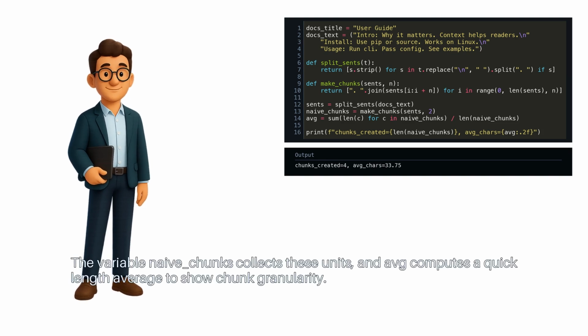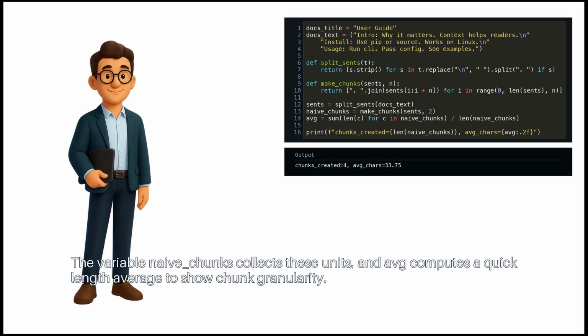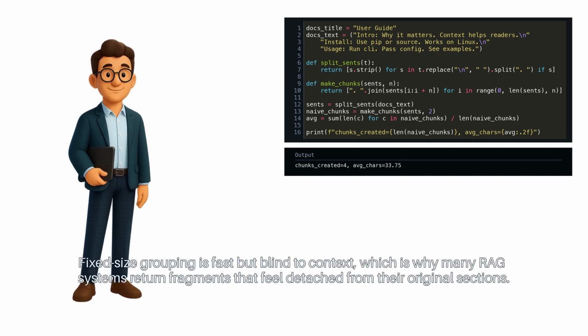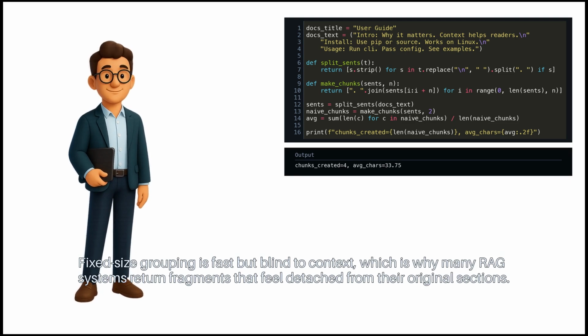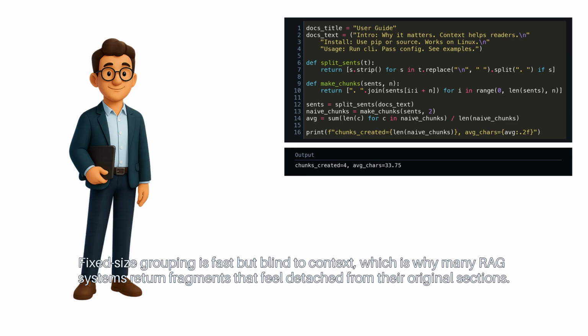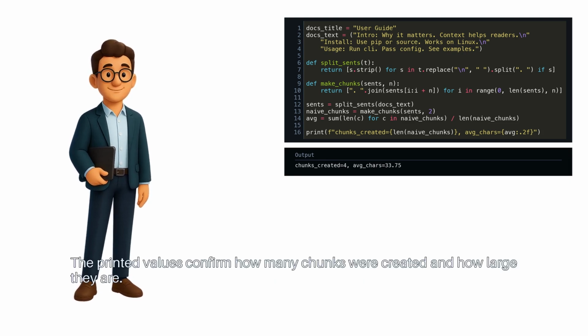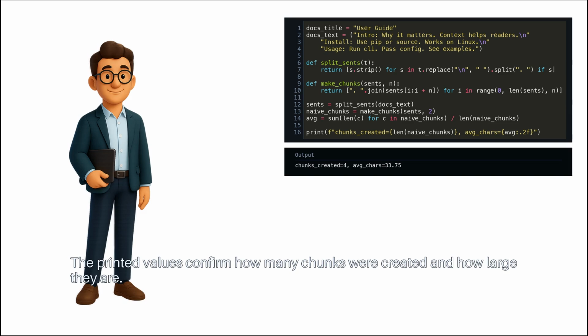The variable naive chunks collects these units, and Avg computes a quick length average to show chunk granularity. Fixed size grouping is fast but blind to context, which is why many RAG systems return fragments that feel detached from their original sections. The printed values confirm how many chunks were created and how large they are.